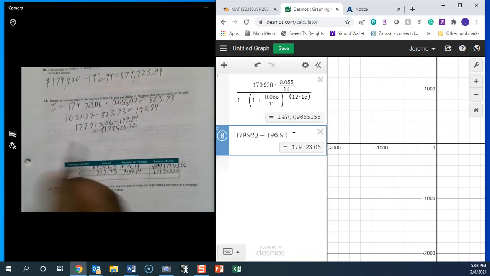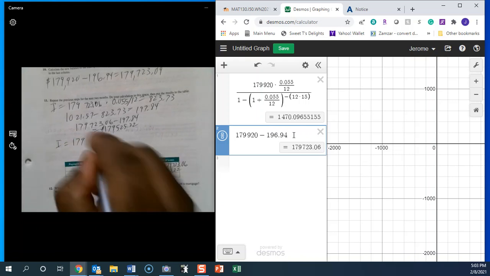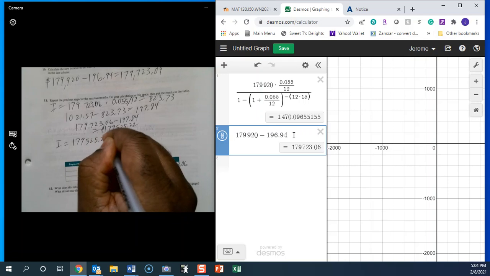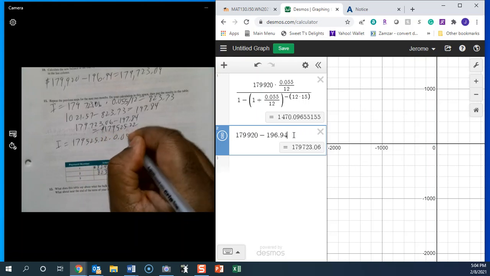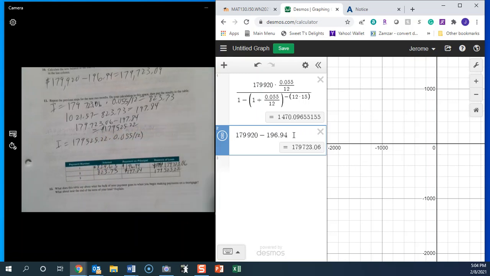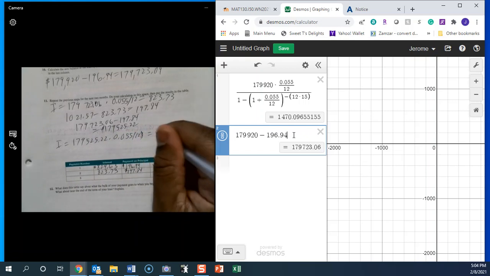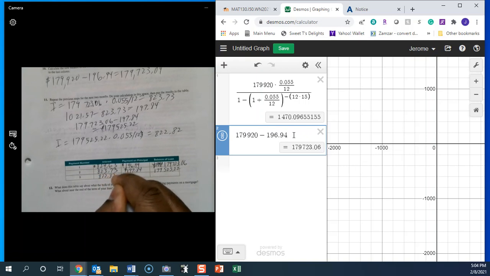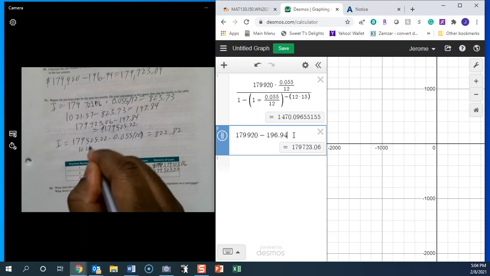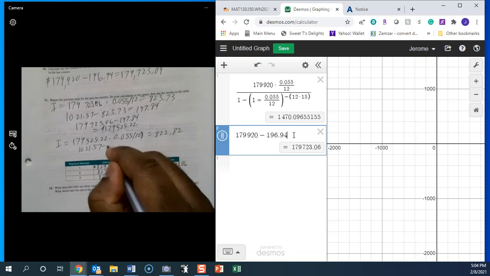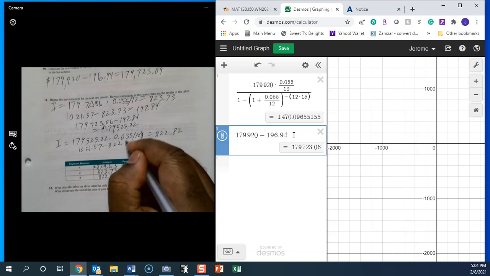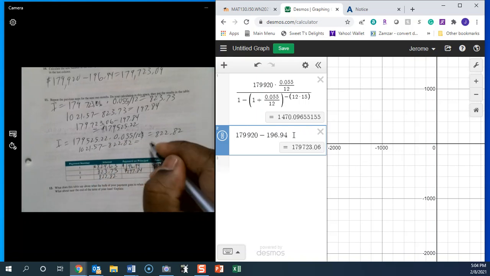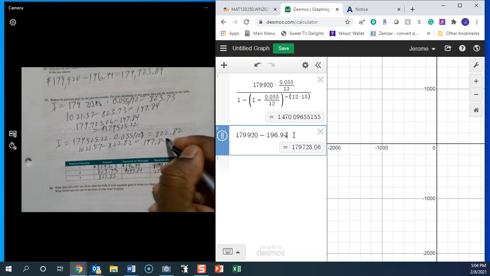We have to do the third month now. So the interest would be $179,525.22 times 0.055 divided by 12. And that would give us $822.82. Then we would take our monthly payment, subtract our interest, which is $822.82, which would give us $197.84.